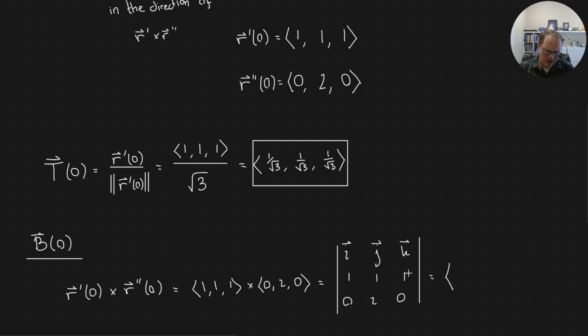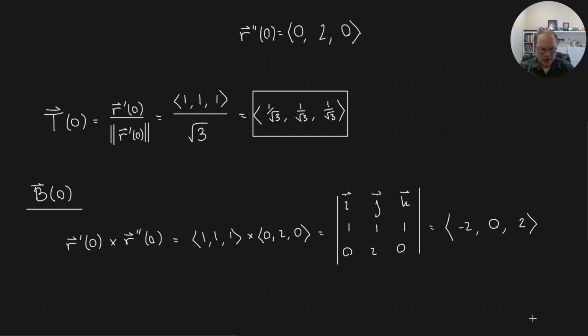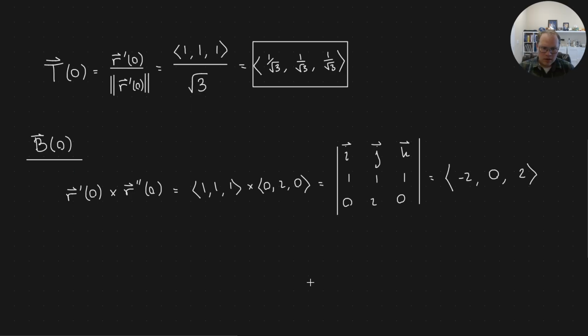Okay, I component, I get -2. J component is 0. K component is 2. Right? That's pointing in the direction I want it to be for my unit binormal vector. To finish it off, I just need to normalize it. Change it into a unit vector. So -2, 0, 2.